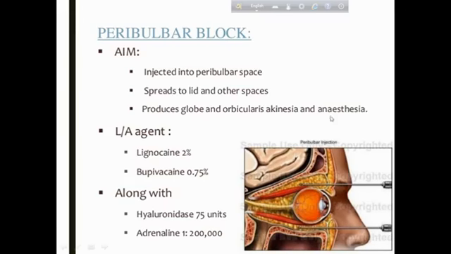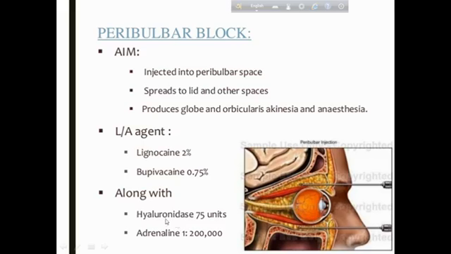Peribulbar block we usually give in the peribulbar area. It is injected into the peribulbar space and spreads to the lids and other spaces. What are the agents we use in peribulbar block? Lignocaine and bupivacaine, along with hyaluronidase.